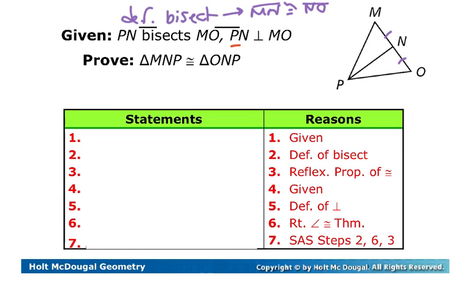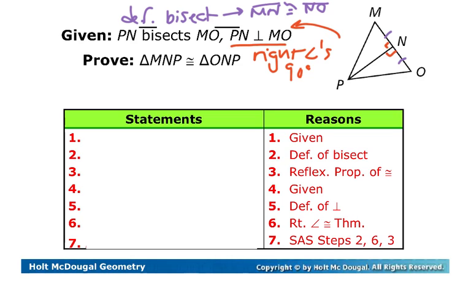Alright, the next thing they tell you is that PN is perpendicular to MO, and so that probably means that we're going to get some right angles, or 90-degree angles, okay? But again, we're going to have to use this definition of right angles or perpendicular in order to actually get there, which is what I'm seeing right here.